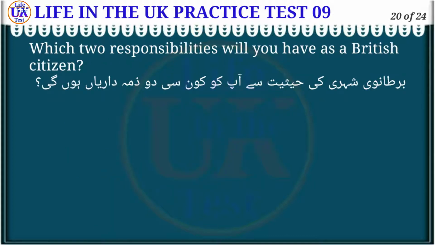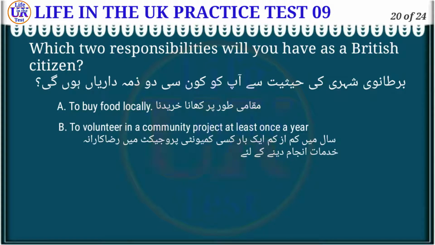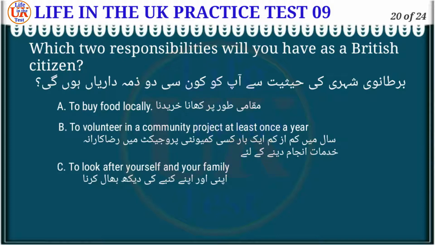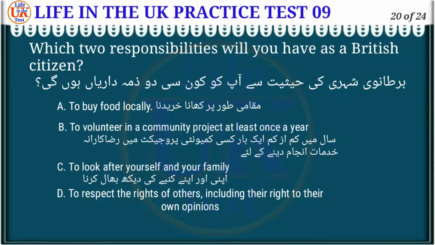Question 20 of 24. Which two responsibilities will you have as a British citizen? A. To buy food locally. B. To volunteer in a community project at least once a year. C. To look after yourself and your family. D. To respect the rights of others, including their right to their own opinions.